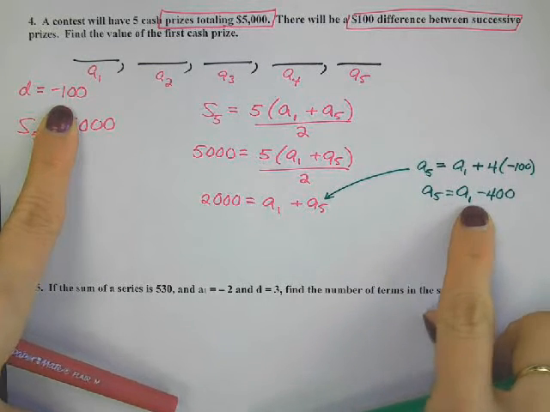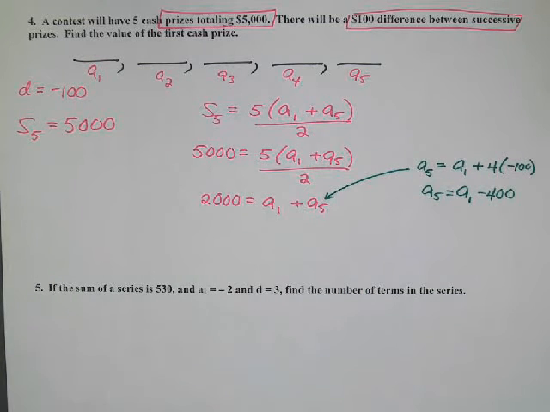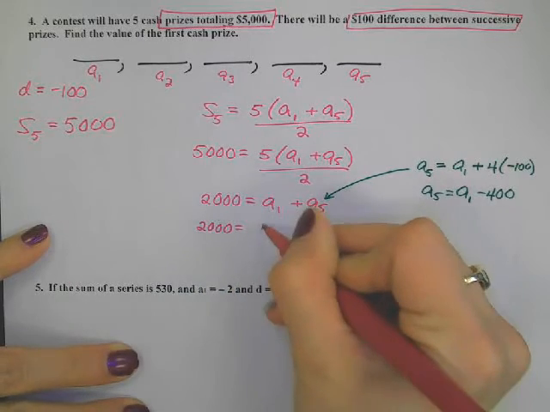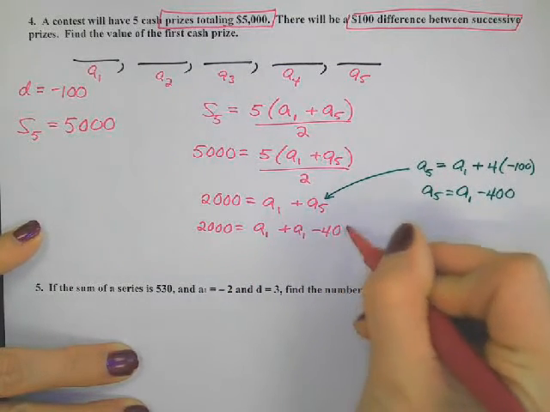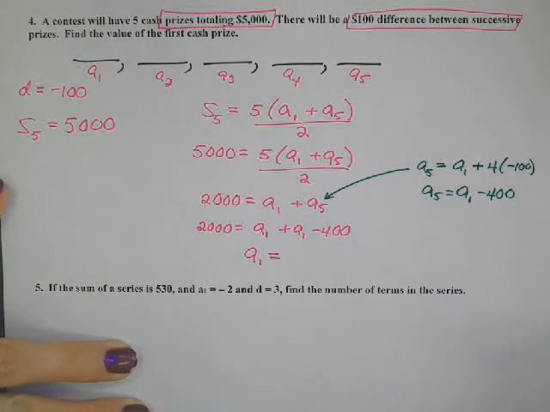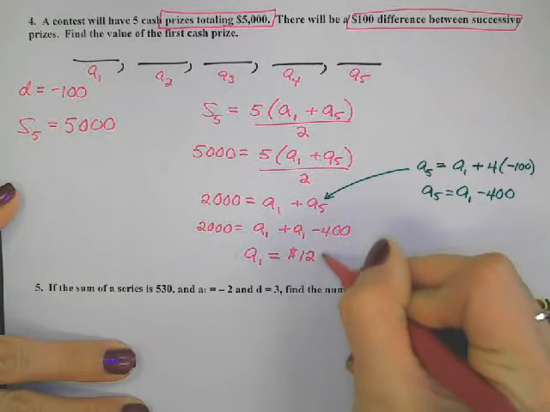Okay, if I put that expression into the equation I'm currently working with, I'll have all the same variable. 2000 equals a1 plus a1 minus 400. So a sub 1 is $1,200.